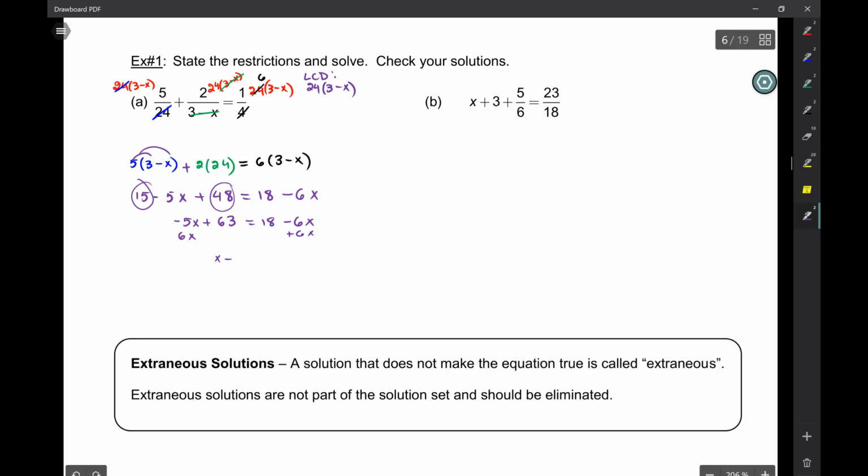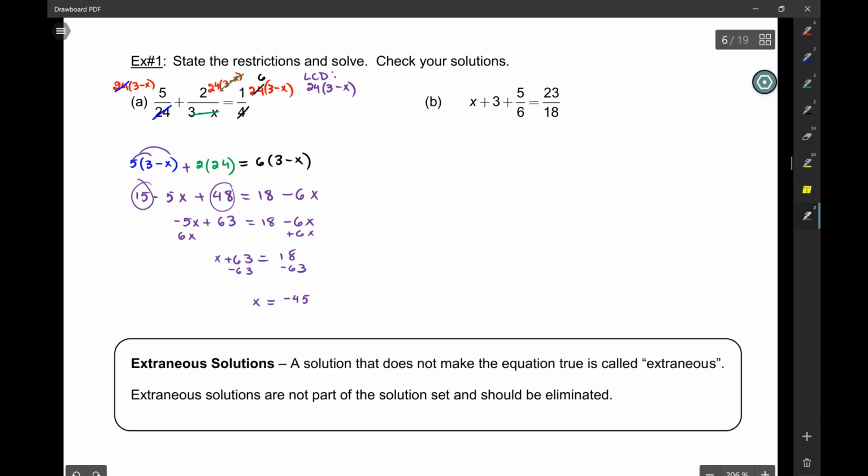So I get x plus 63 is equal to 18. I'm going to subtract 63. So how much is that? Negative 45. Okay, so 18 minus 63 is negative 45.